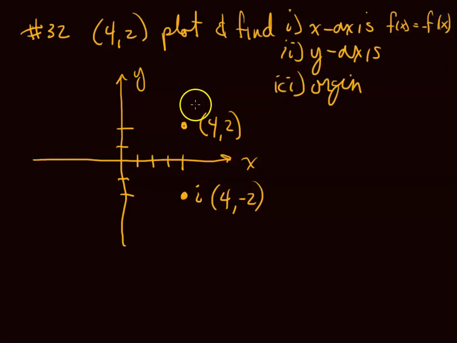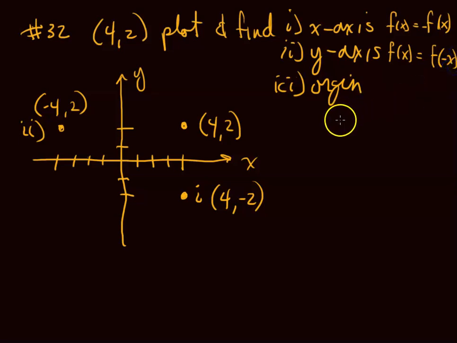With respect to the y-axis, it should be over here someplace. Negative 4, 2. This is when f of x equals f of negative x. This y and this y are the same for both x and negative x. And the origin.